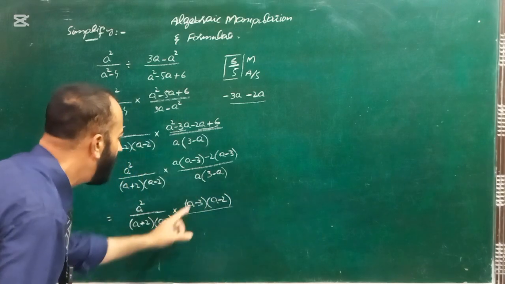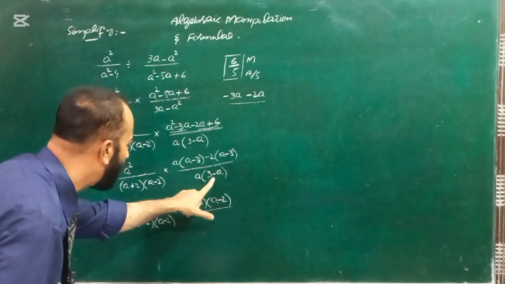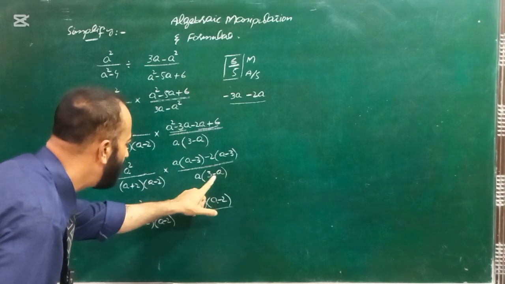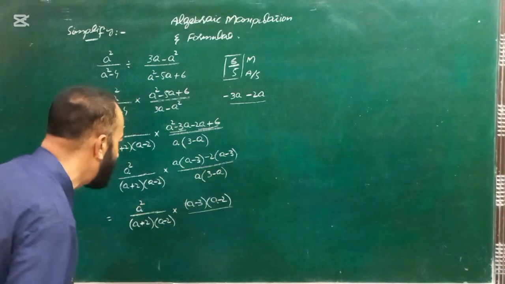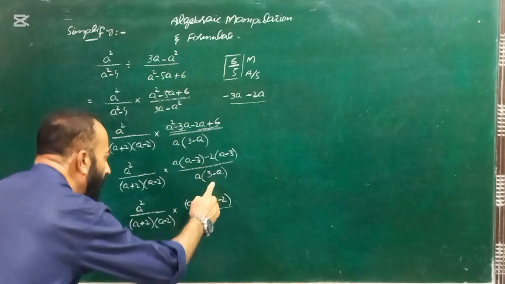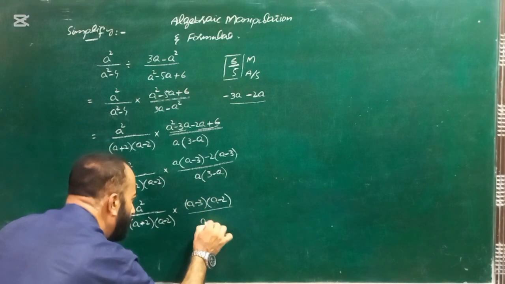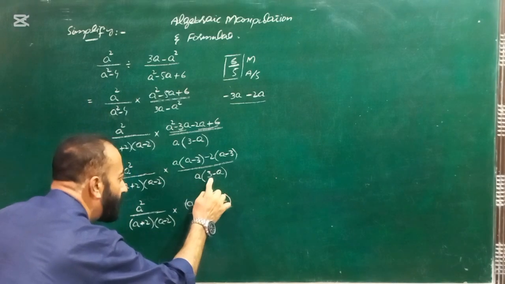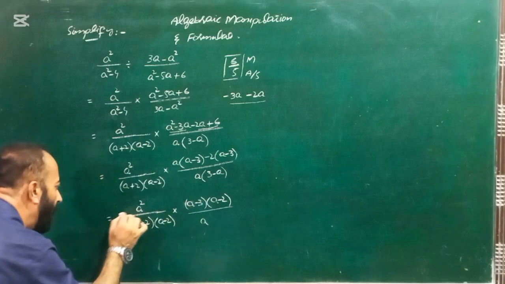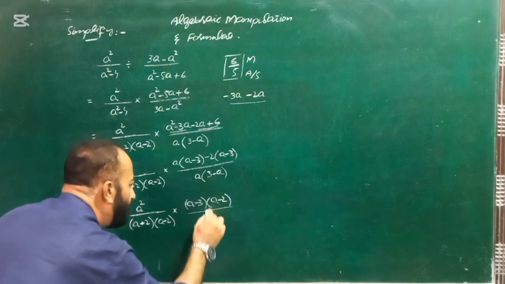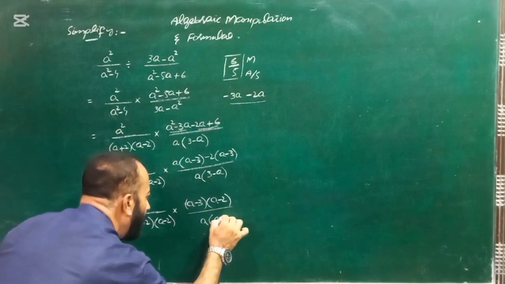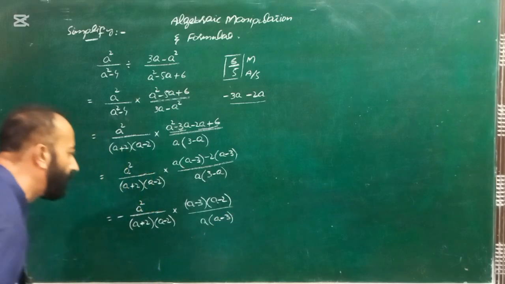Okay, if you can see, if we take common from this bracket, it will become a minus 3, so a minus 3 will be cancelled. So look now, this a is still there, and we are taking minus common from this bracket, so minus will be written here, and this bracket will become a minus 3.